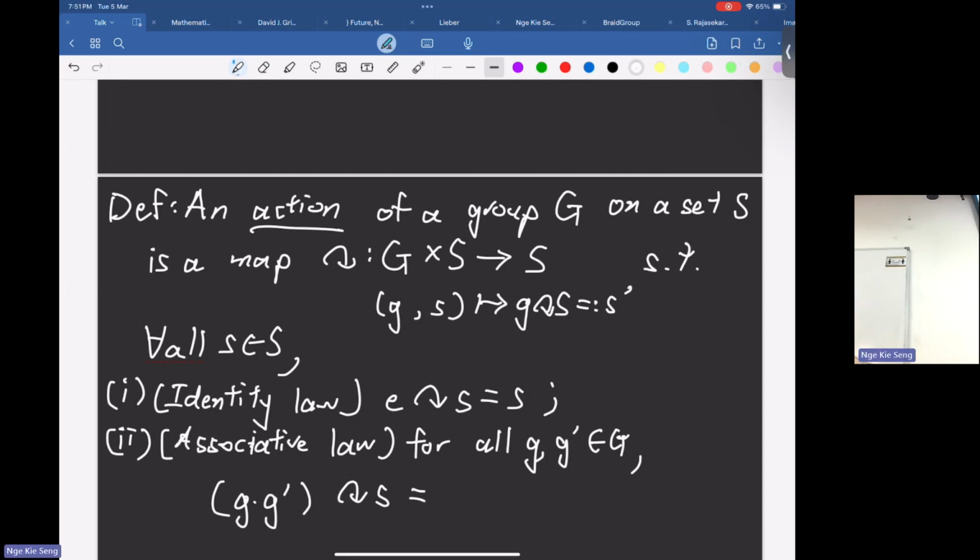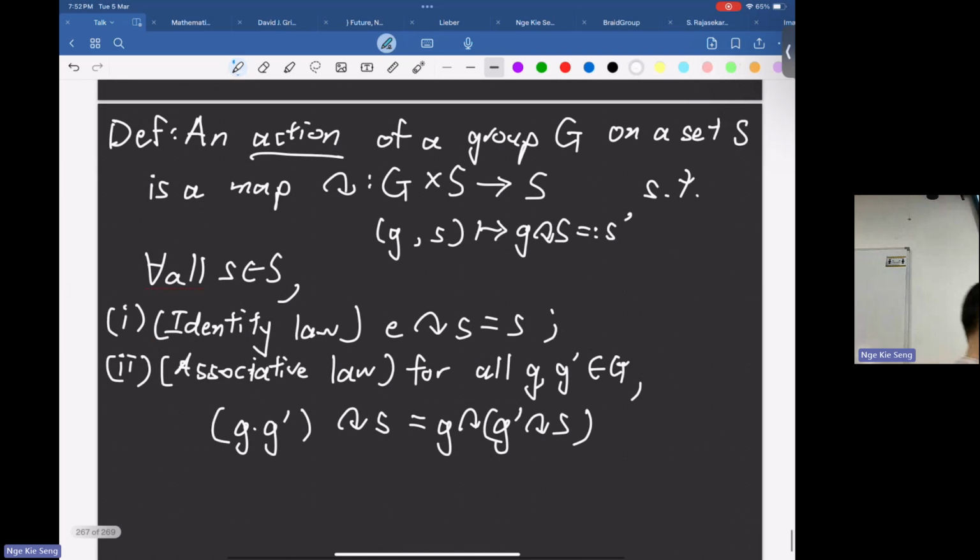This has to equal g prime acting on x first, and then g acting on g prime acting on x. Does it make sense? Here the group element acts on x and you get something in the set. So g prime acting on x gives you something in the set. Then you take the group element g and act on that element in the set again.